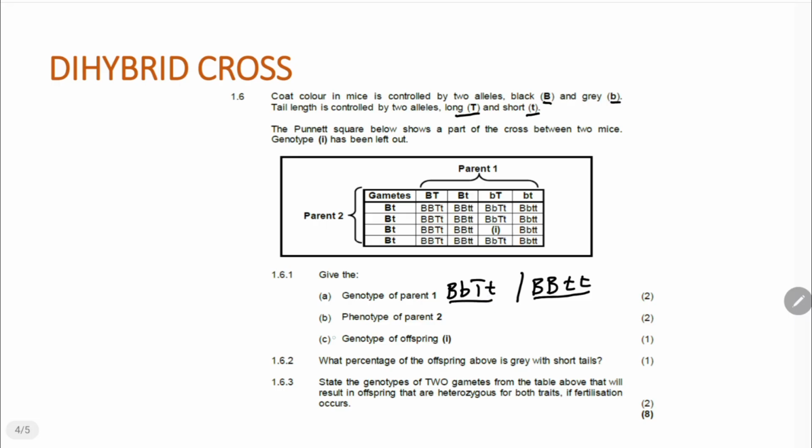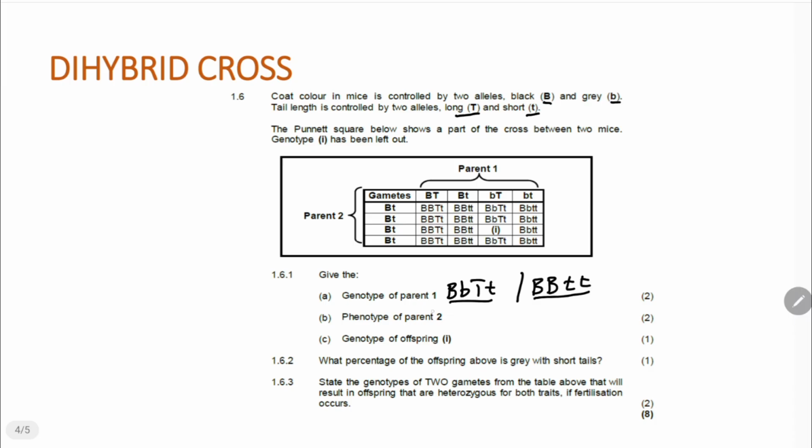Number B, it says give the phenotype of parent number 2. Now, the genotype of parent number 2, we've already come up with it. It is going to be capital letter B, capital letter B, simply because in these gametes here, there is no small letter b, meaning that it must be homozygous dominant for capital letter B, which is for black coat. And then we've got only small letter t's, meaning that it must also be homozygous for a short tail.